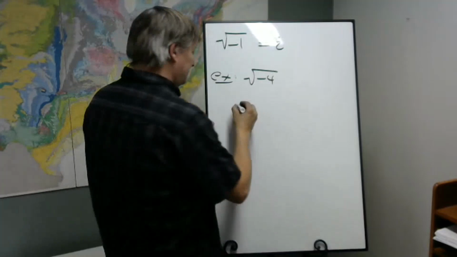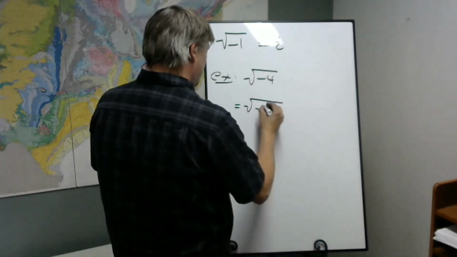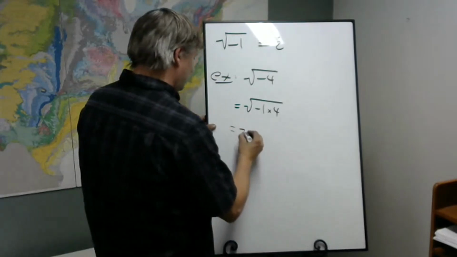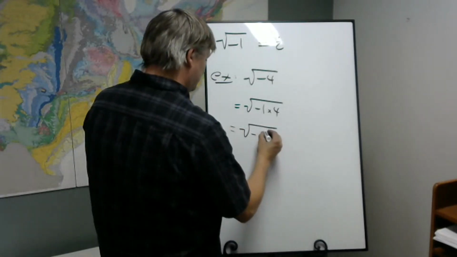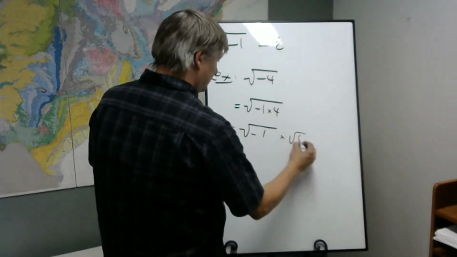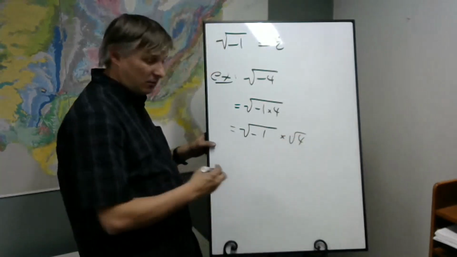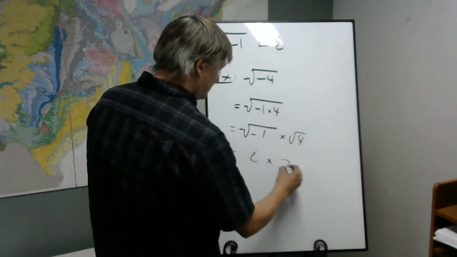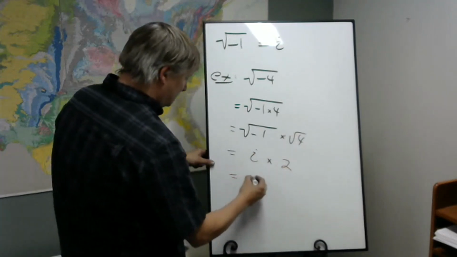Now we can write this as the square root of -1 times 4, or the square root of -1 times the square root of 4, or i times the square root of 4, which is 2, and we receive 2i.